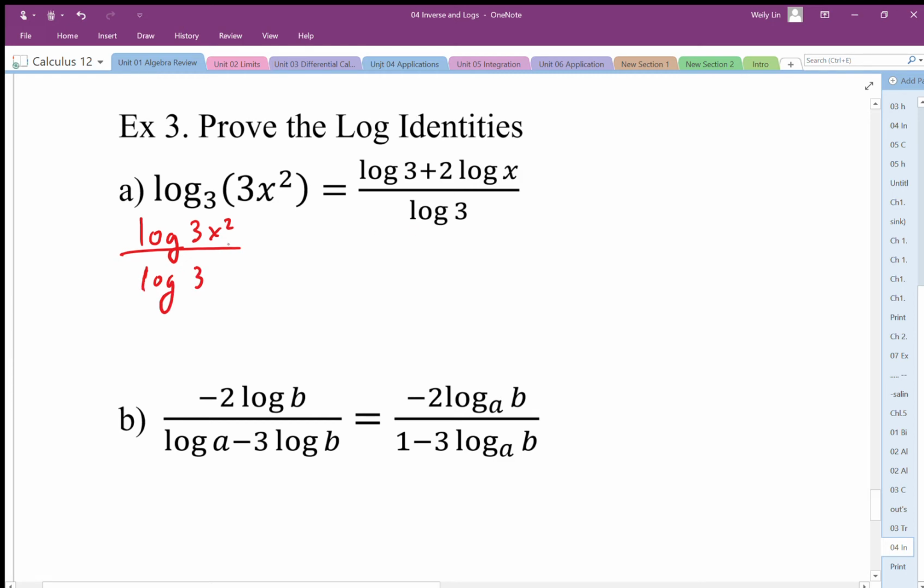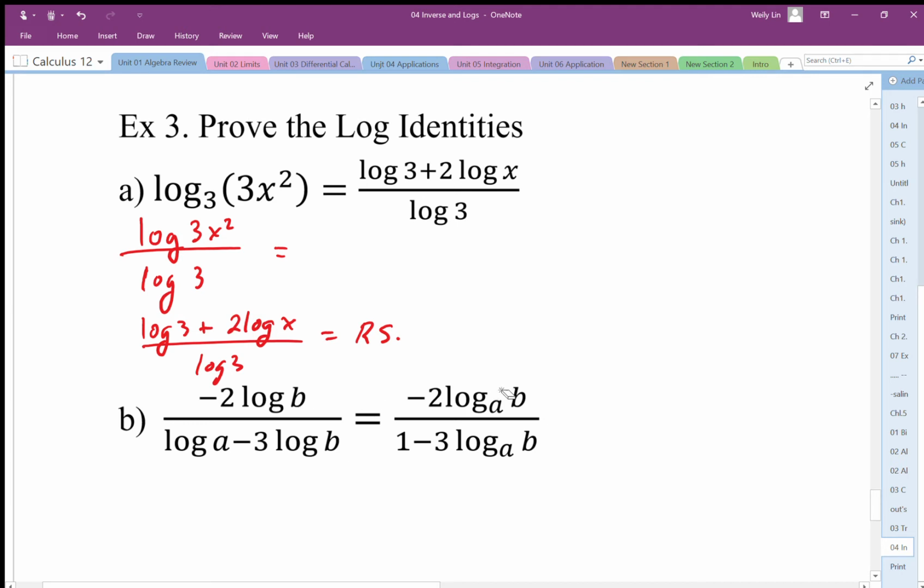When I do that, I have the same denominator on both sides. Then I can split up the numerator using log properties. So I get log 3 plus, the exponent comes out front, 2 log x, and this is all over log 3. So I can make the left side look like the right side.